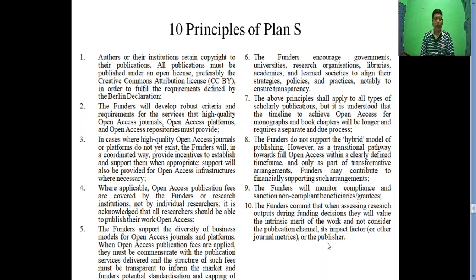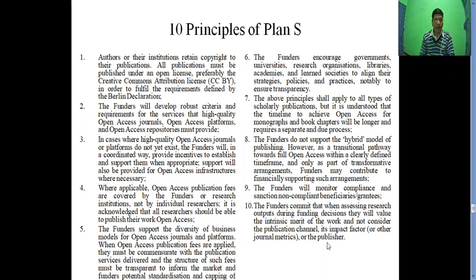Principle 4. Where applicable, open access publication fees are covered by the funders or research institutions, not by individual researchers. It is acknowledged that all researchers should be able to publish their work open access. Principle 5. The funders support the diversity of business models for open access journals and platforms.